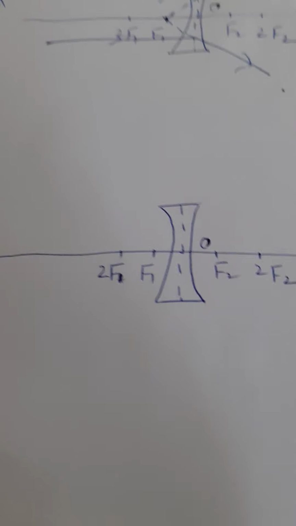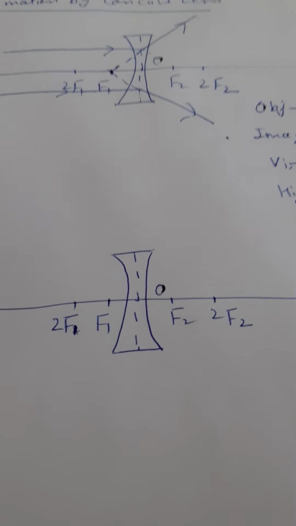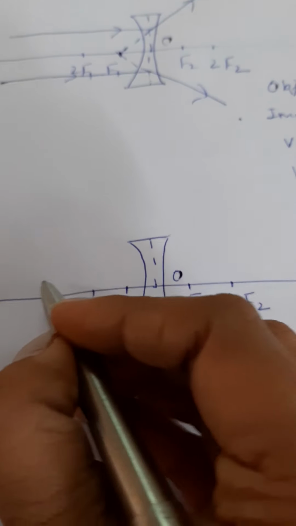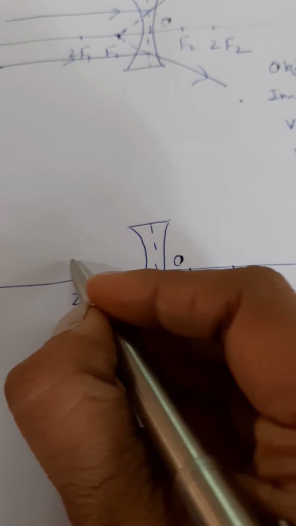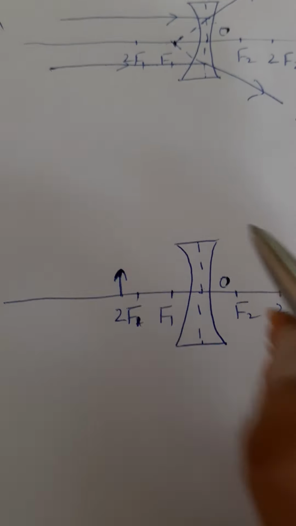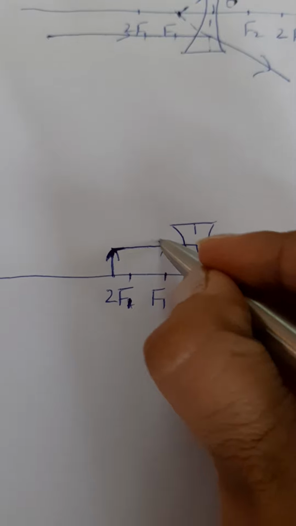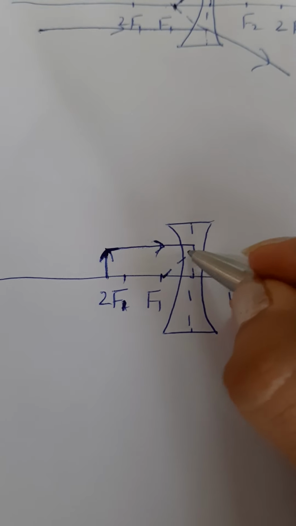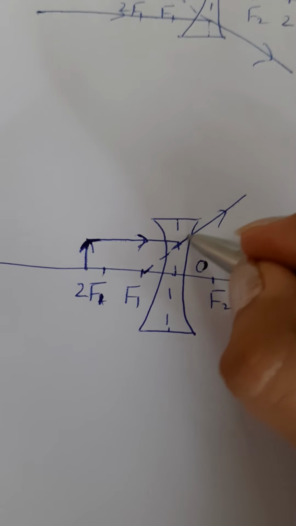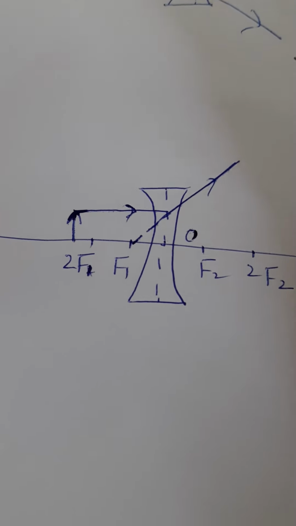Now it is your wish, wherever you choose the position of the object, anywhere. Suppose an object is kept here. So now what will happen? Except at infinity, a ray which is coming parallel to the principal axis, if this is the incident ray, it will appear to meet at f1, this one. This is the refracted portion, and this we have extended backward, the imaginary one.